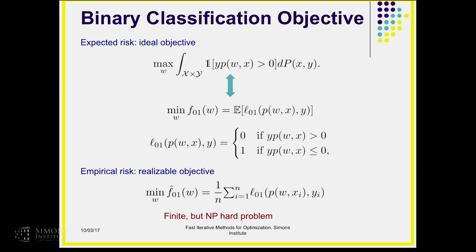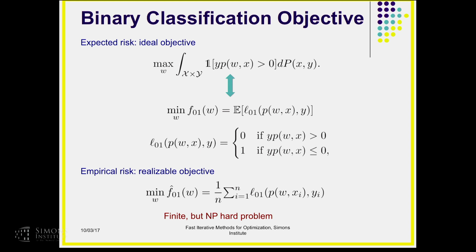This is when I first started hearing about machine learning problems. Everybody says, well, this is great, but this is an NP-hard problem because this is basically a stepwise function. But really, this is not even the function that we want to optimize. We want to optimize this function.